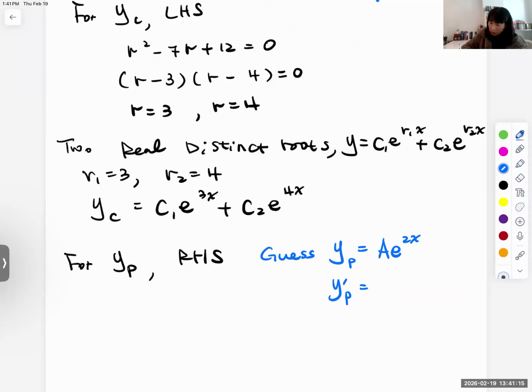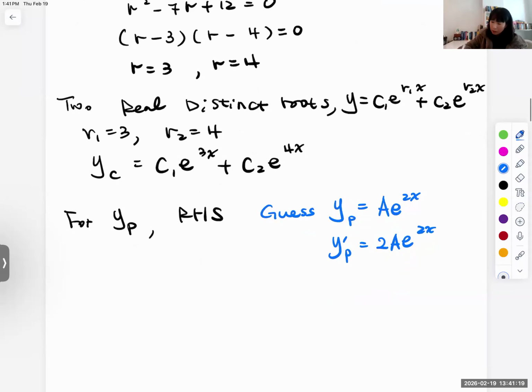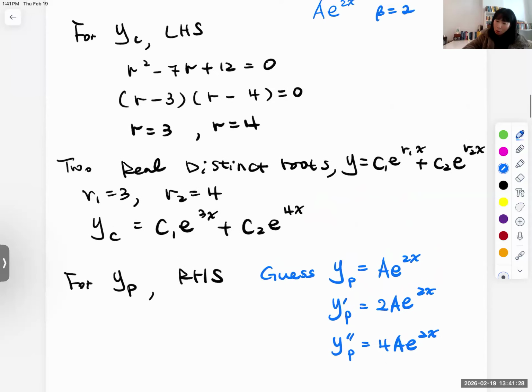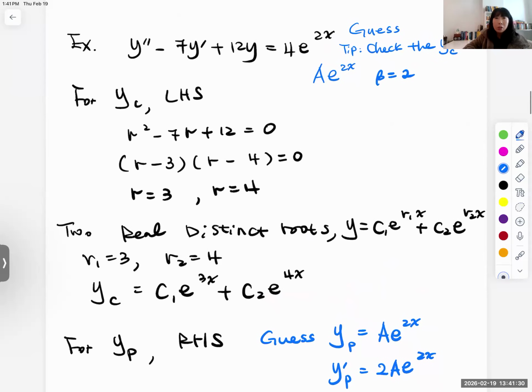The derivative drops to 2a e to the 2x. The second derivative drops to 4a e to the 2x, yeah? Okay, now we have the original problem, right?